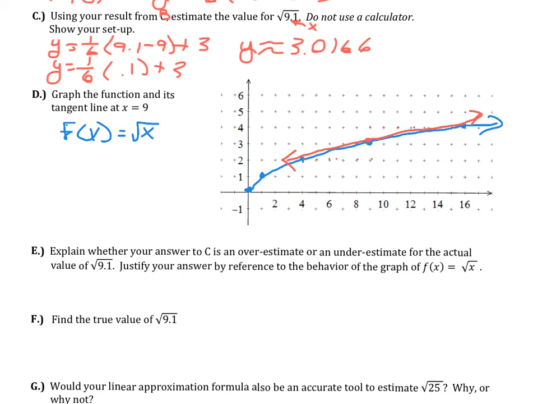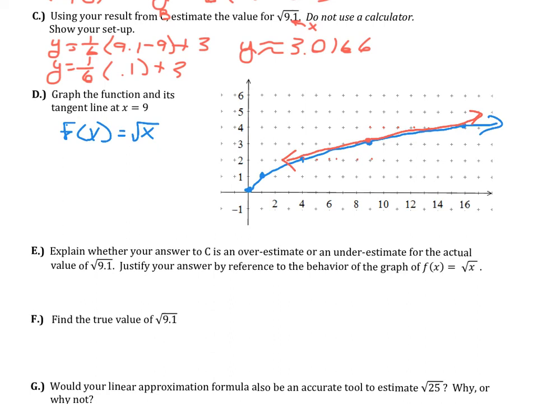Okay, so now it says explain whether your answer to C is an overestimate or an underestimate of the actual value of the square root of 9.1. Justify your answer by reference to the behavior of the graph of f of x, the square root of x.